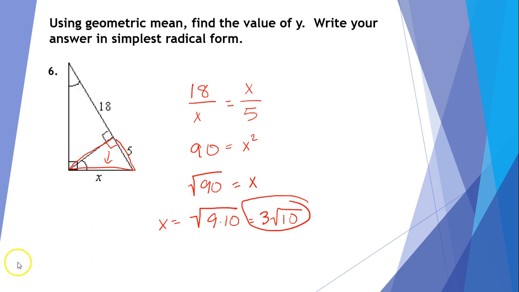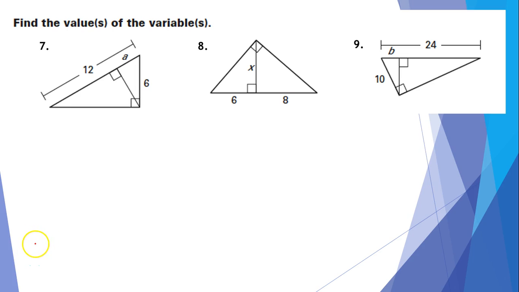I'm actually going to show you one more of these, and then I expect you to do these last two as your lesson quiz, and I'll give you some hints on those. Let's do number 7 real quick first. So number 7, we're asked to find the values of the variables in these 3 exercises, and this is our variable here.